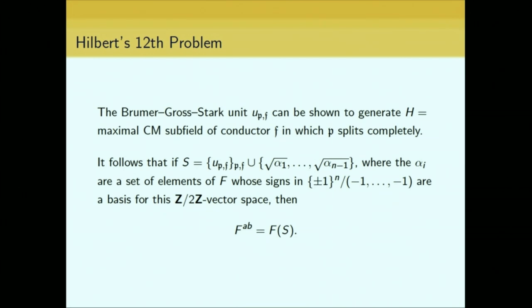Which means, well, in any extension there's always some prime that splits completely, by the Chebotarev density theorem. So it follows that if you take all the units over all possible conductors and all possible p's, you basically get the compositum of all abelian CM extensions of your ground field. And therefore, if you throw in some appropriate square roots, then you actually get the maximal abelian extension.